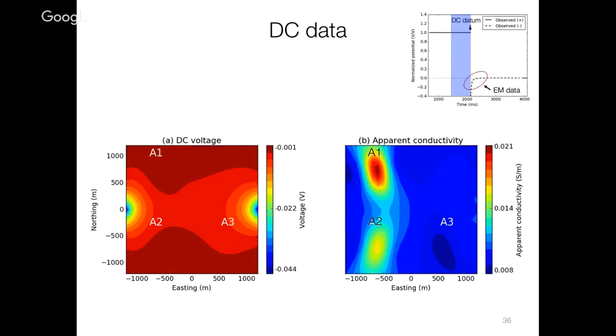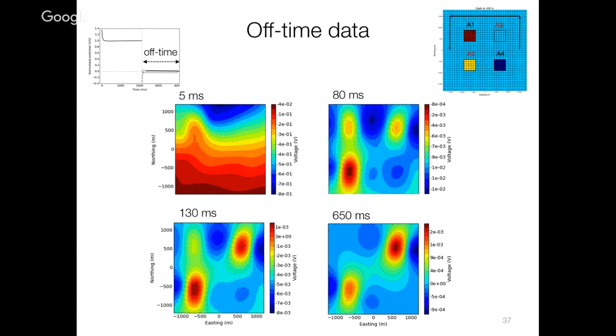So if I look at the DC data, so that's the DC data here, and I look at the DC voltages, I get something that looks like that. If I transform them to apparent conductivities, I get a high apparent conductivity here and here. So remember, those were the two big conductivities. So I'm clearly getting some information about that.